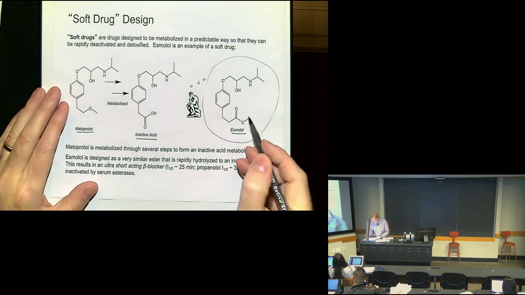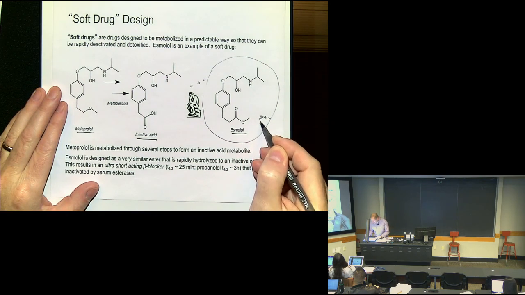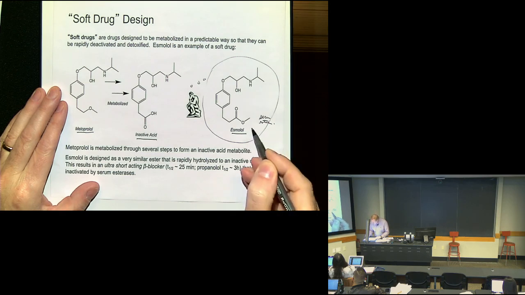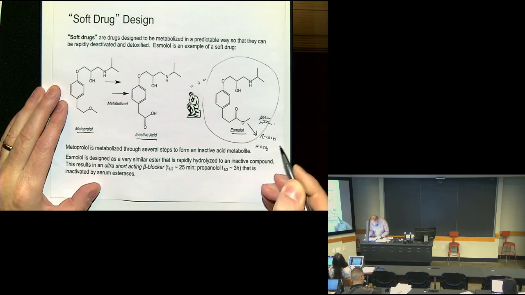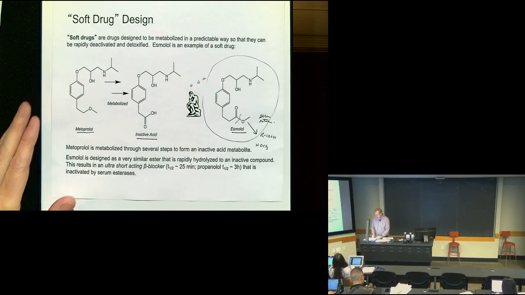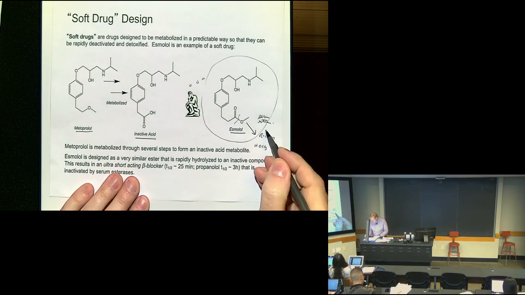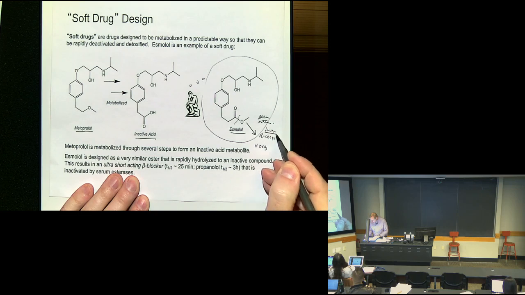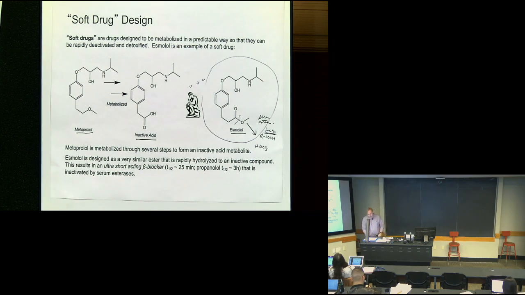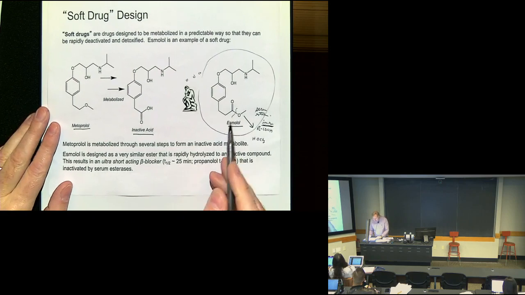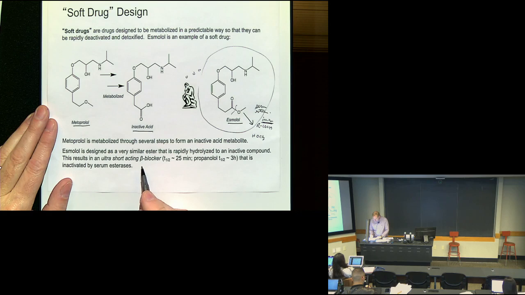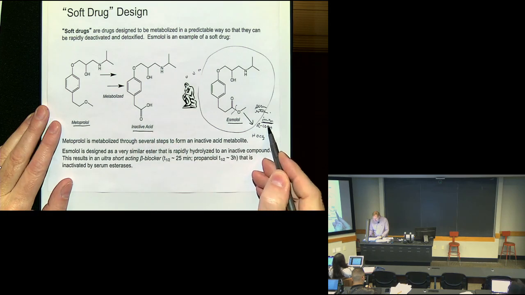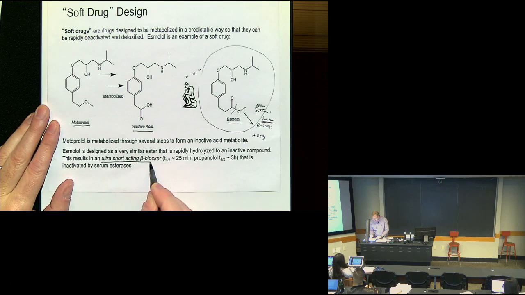And esters are great for that because you've got a lot of serum esterases that can take the ester and rapidly catalyze it to break this down, hydrolyze that group. And once you make the acid form, you're inactive. And this results in a compound that works at the same place as the starting compound, but gets rapidly metabolized, and they call these ultra-short-acting beta blockers.